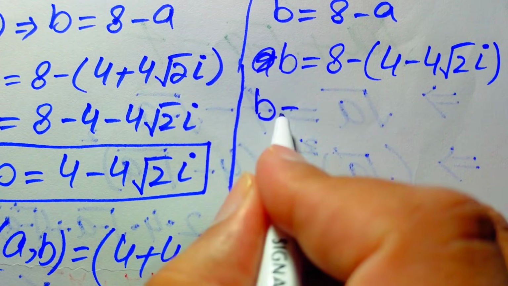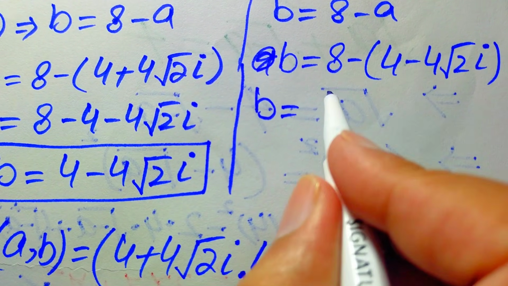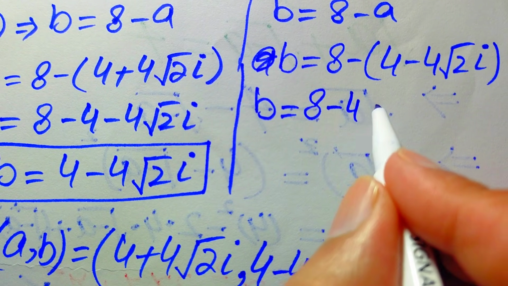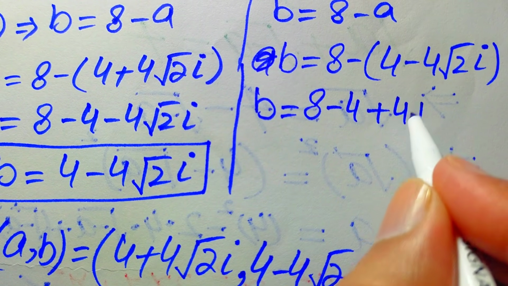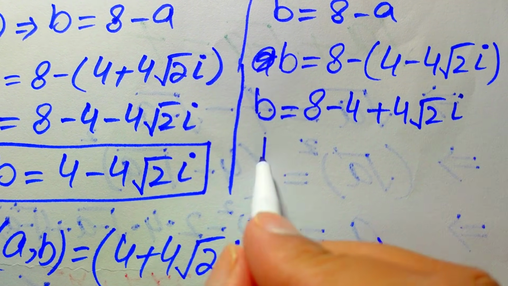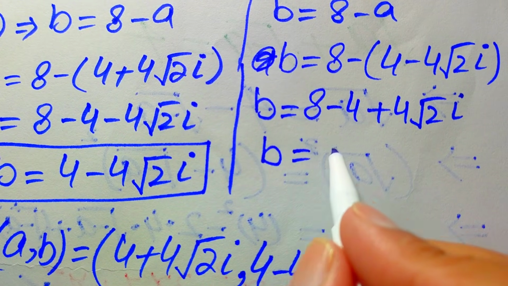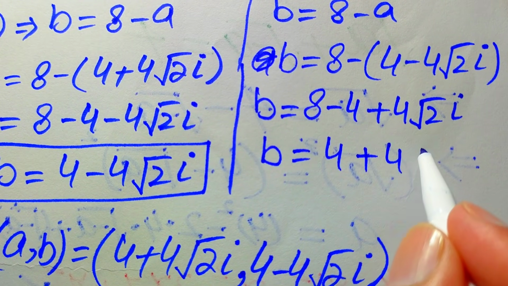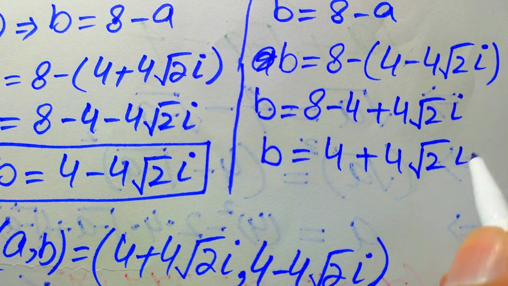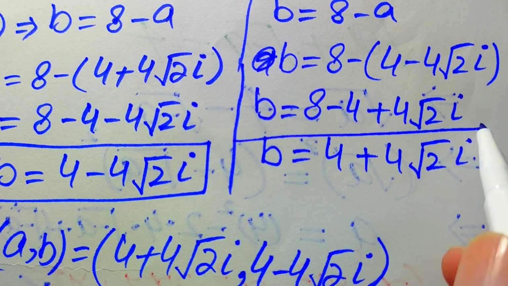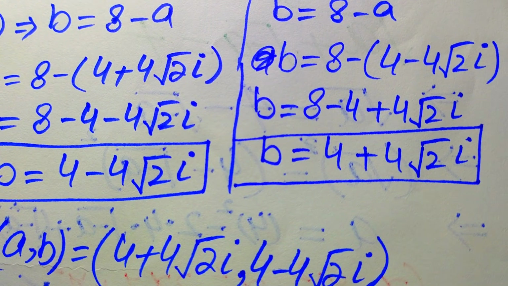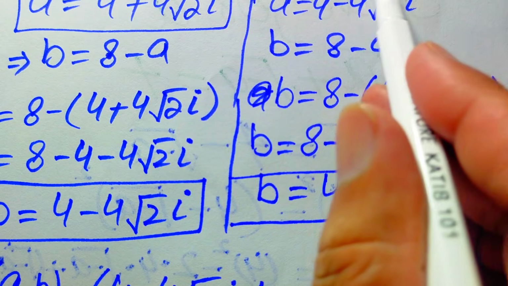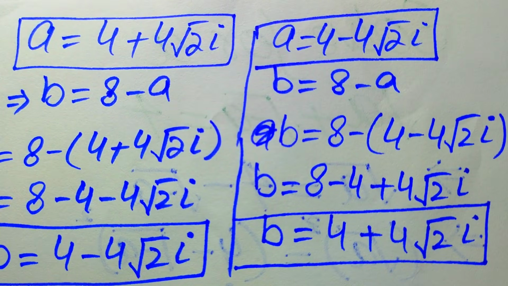Further we have b is equal to, we multiply this negative sign on each of these values and we get 8 minus 4 plus 4 times square root of 2 iota, and we get b is equal to 8 minus 4 becomes 4 plus 4 times square root of 2 iota. So this is the value of b corresponding to the value of a is this one.